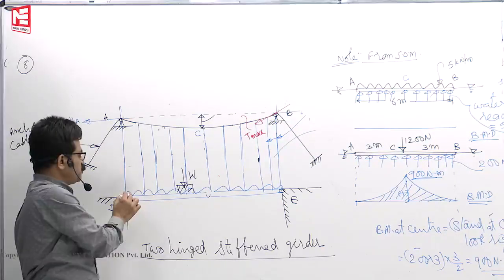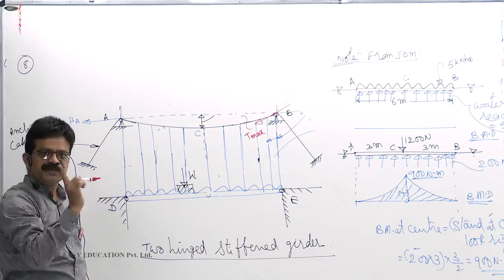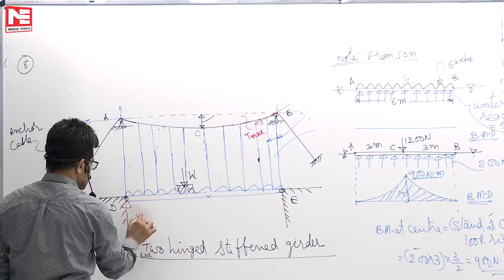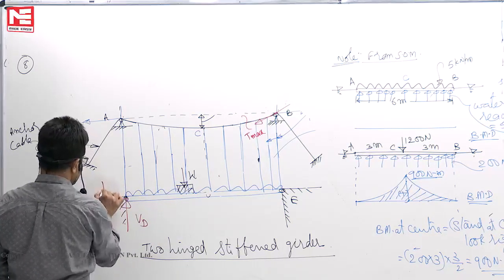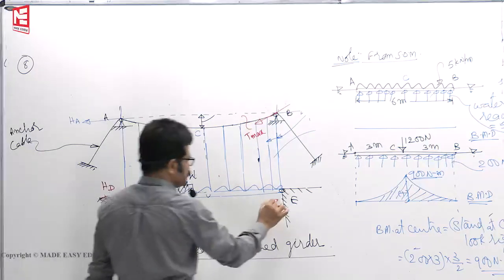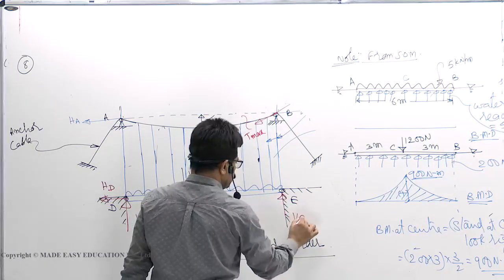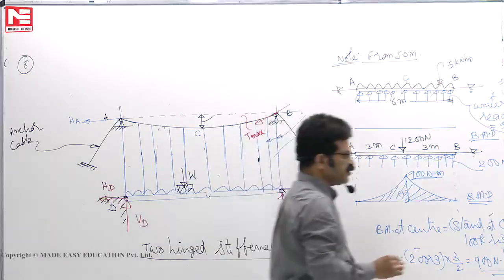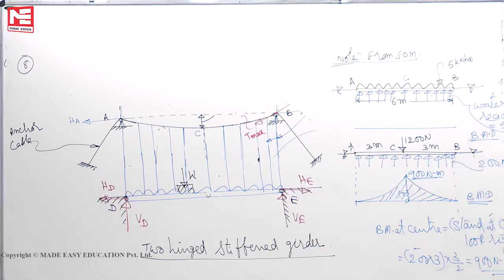So the two-hinged girder is statically indeterminate to 1 degree because there are two reactions at each support. This is VD, HD. Here VE, HE. So the number of unknown reactions is 4. What are they?